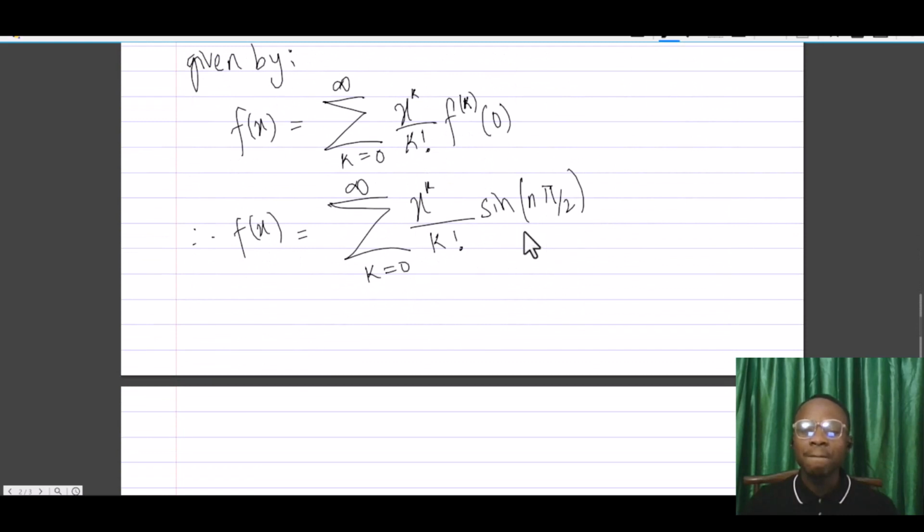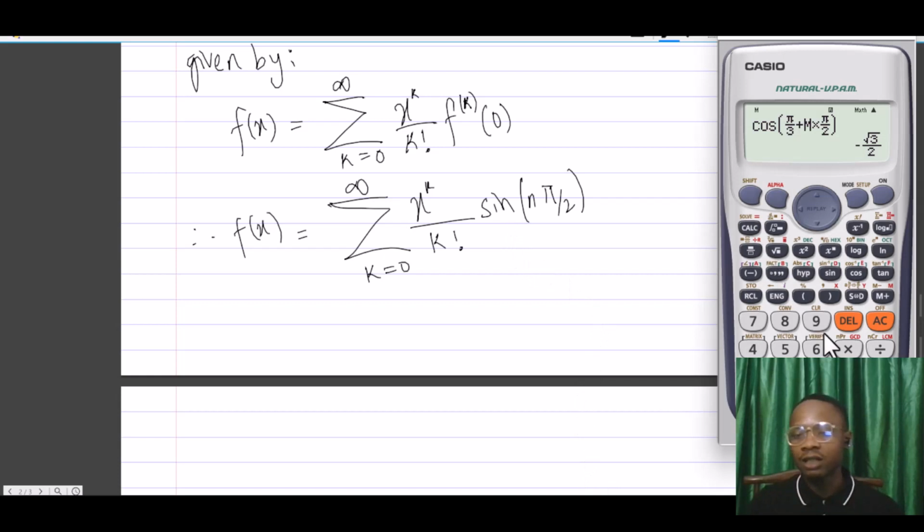Firstly, let us examine the behavior of this. We've done it before, but let's see it again. Let's put in sine of m multiplied by pi over 2, and evaluate what this will be, when m starts from 0.